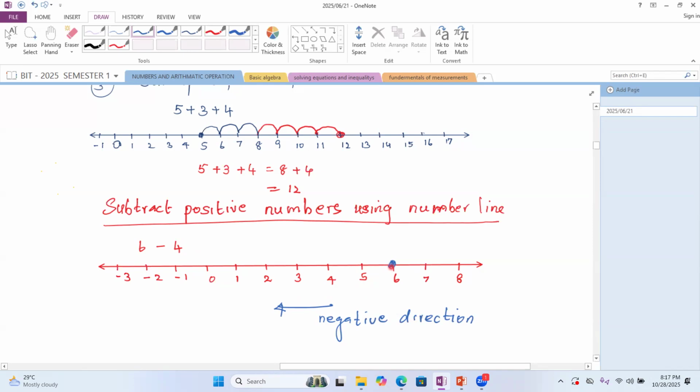We start from 6, then subtract 4. So we move 4 units in the negative direction: 1, 2, 3, 4. Then we get the final result. 6 minus 4 is equal to 2.